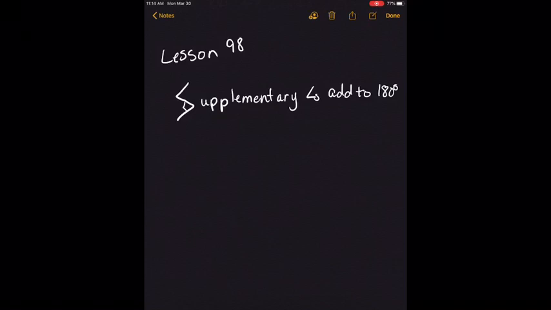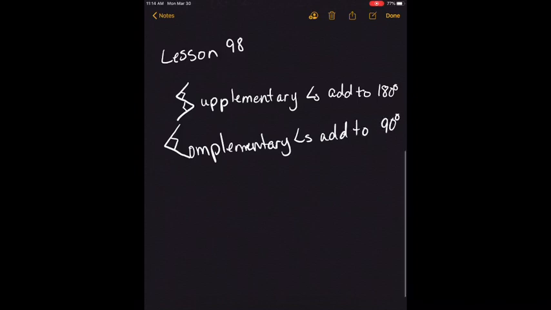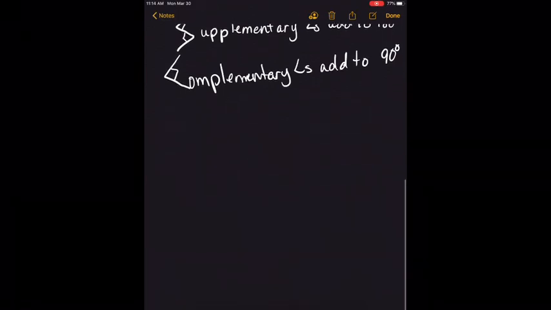Okay, and that's why I draw that S so funny. It's like two 90-degree angles, right? Whereas complementary angles add to 90 degrees. All right.